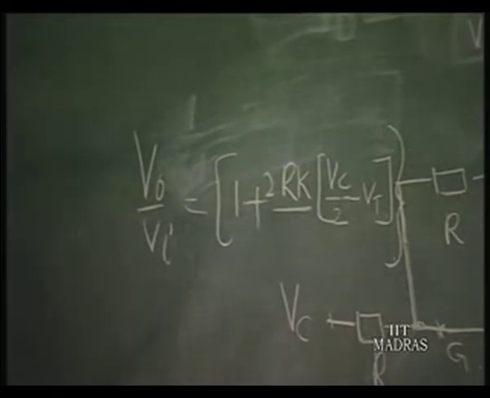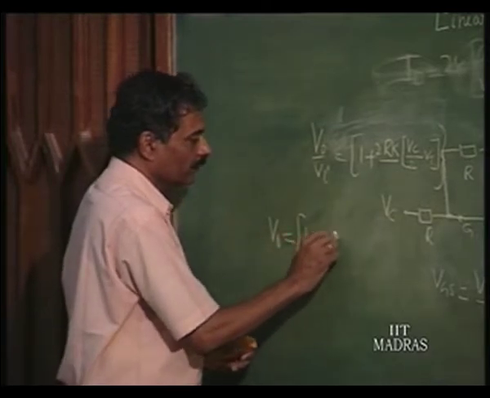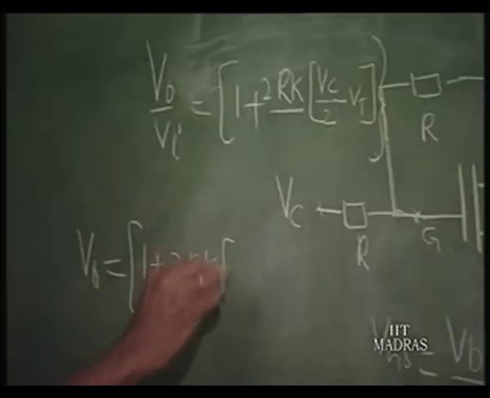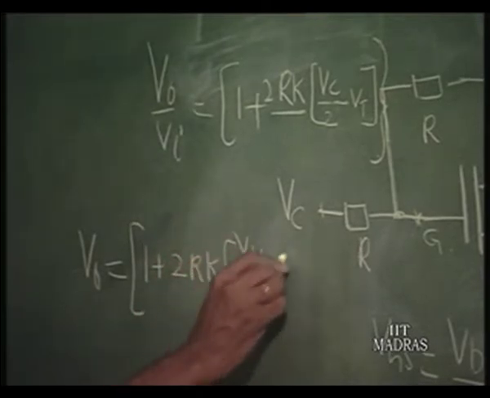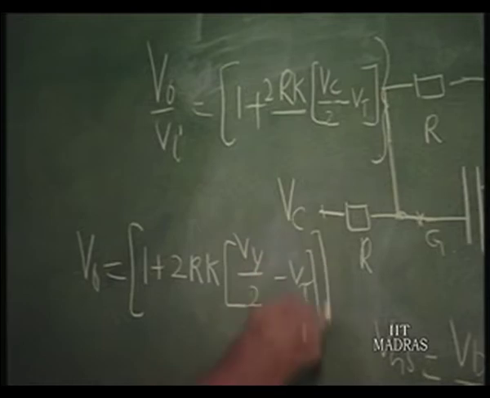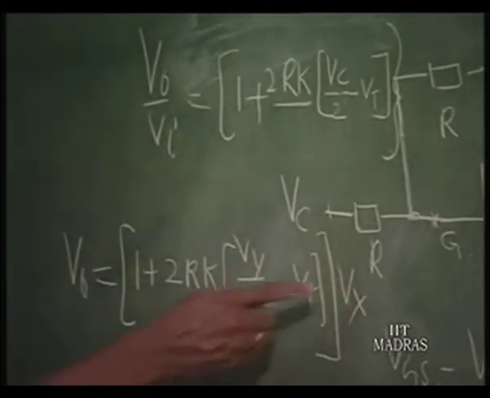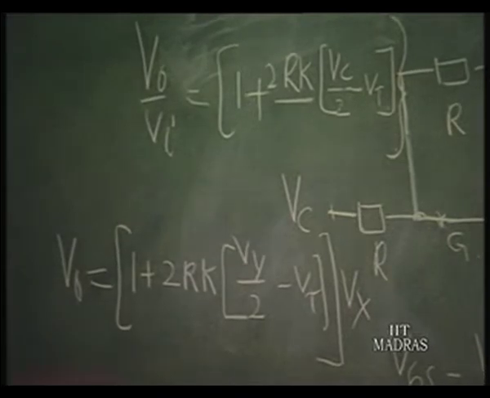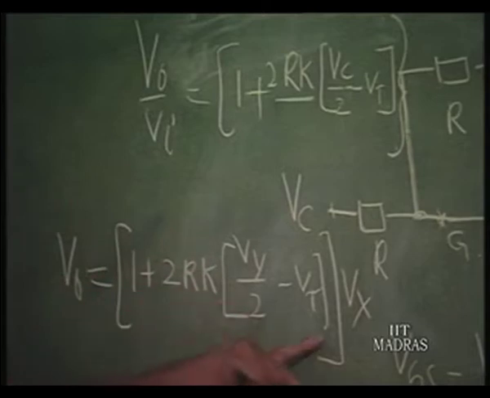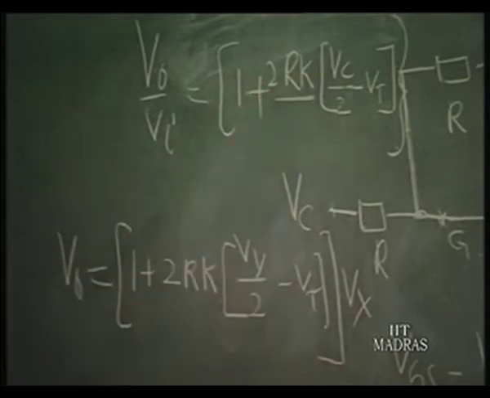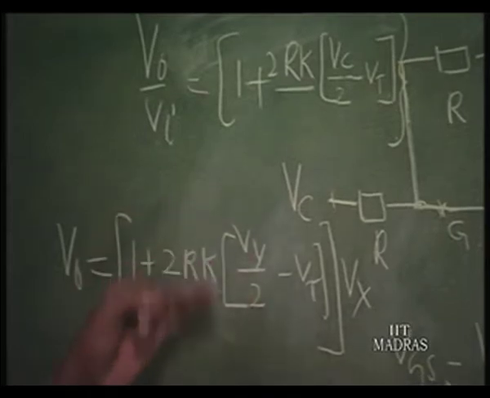So, that means V naught is going to be 1 plus 2Rk into (Vy by 2 minus Vt), into Vi which is Vx. You get therefore a product of Vx and Vy here. Vi is equal to Vx and Vc is equal to Vy, right. So, you get a multiplier, or of course, non-ideal multiplier.